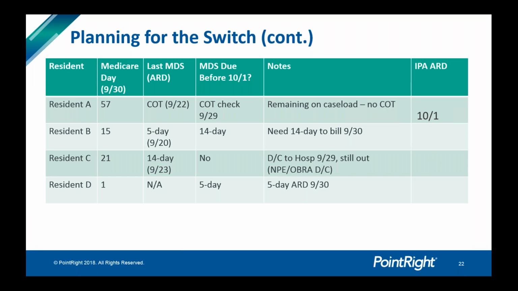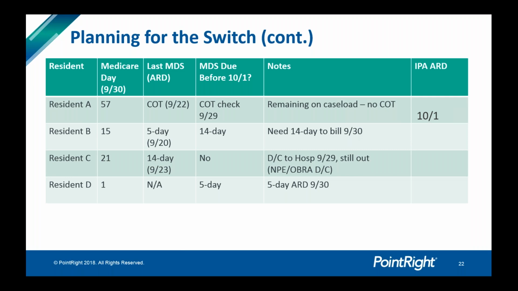Next resident has been in the facility a couple of weeks. On 9/30, they're going to be on day 15. So that means their previous MDS, a 5-day, we did on 9/20. So of course, the 14-day is going to be due before October the 1st. So we're going to need a 14-day MDS to bill for 9/30.